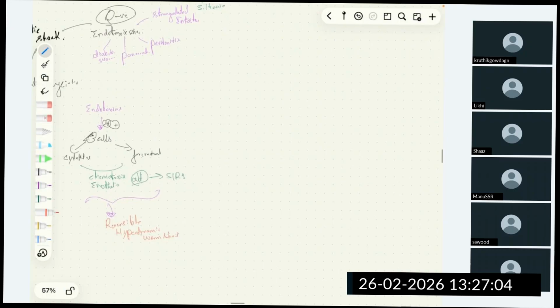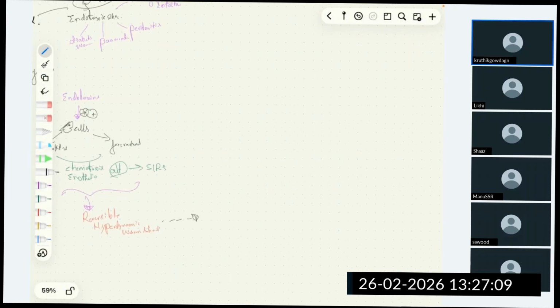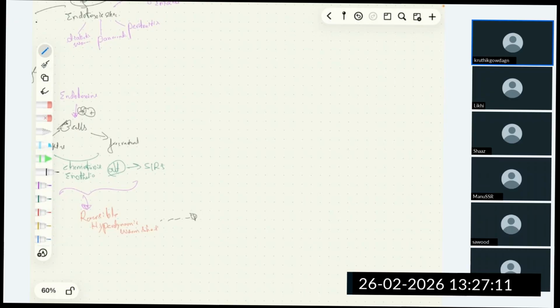If it continues and leads on to multi-organ dysfunction syndrome, MODS, when there is myocardial failure, the pump failure, there is reduced systemic perfusion, there's hypodynamism, hypodynamic circulation, irreversible cold stage of septic shock.